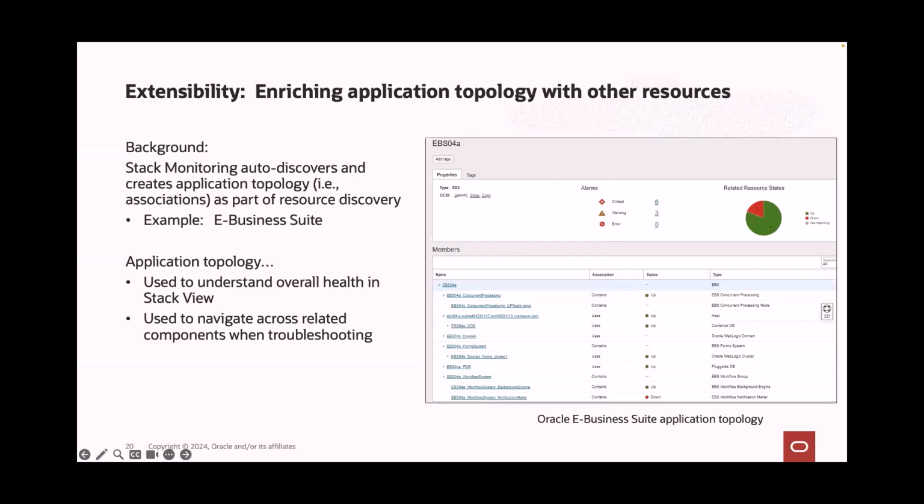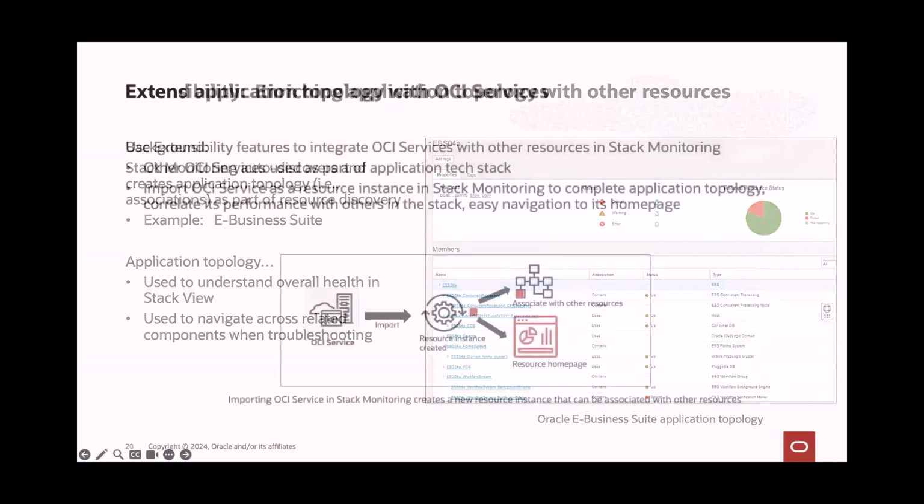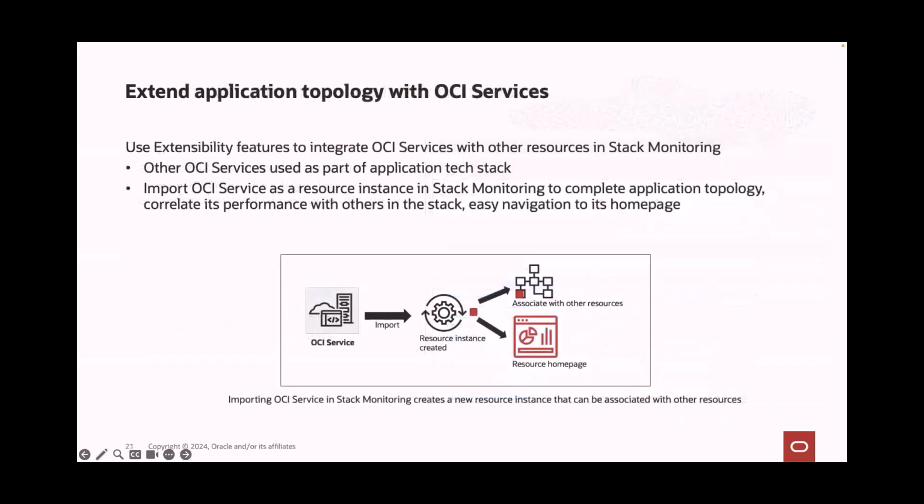But an EBS application stack is more than this. It's more than just those WebLogic servers and an Oracle database. Stack Monitoring's extensibility features allow for monitoring from other services to be consolidated by importing those into Stack Monitoring.